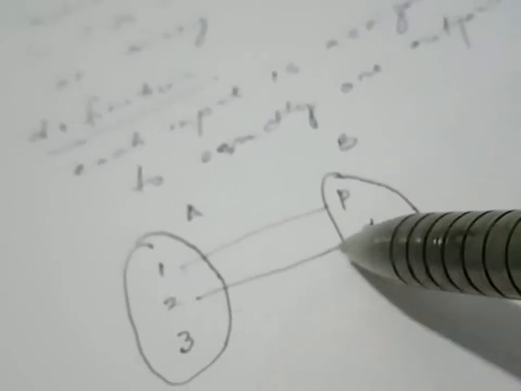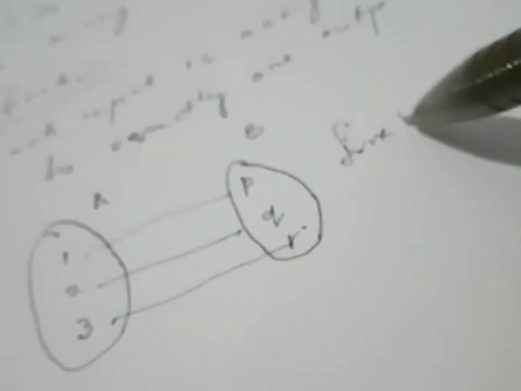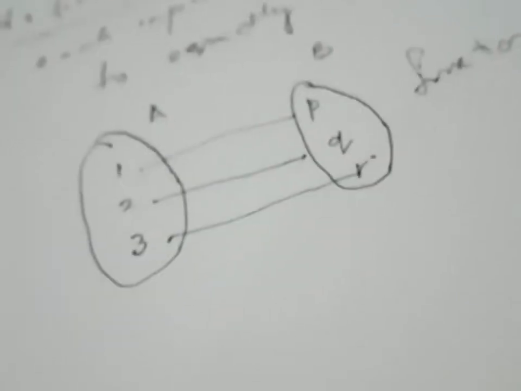Let's say we have 1, 2, 3, and this is P, Q, R, for example. We want to determine the relationship between A and B. Each value in A is assigned to exactly one value in B, for example one-to-one relationship. So this is a function.